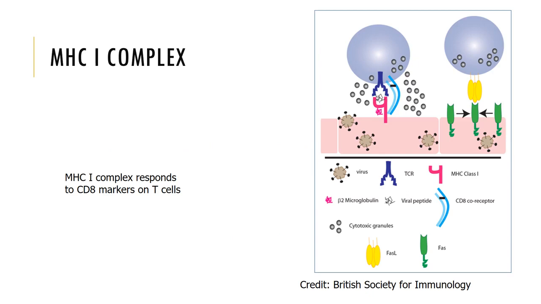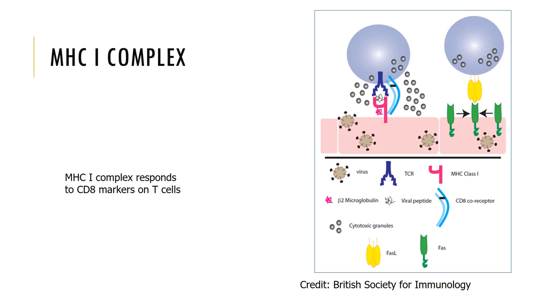If a body cell becomes infected by a virus, it can alert the body that it has been attacked. Once the virus is inside, the body cell takes pieces of the abnormal peptides of the virus and incorporates them with MHC proteins on its surface. Typically, body cells, however, do not possess the class 2 MHC proteins that macrophages possess.